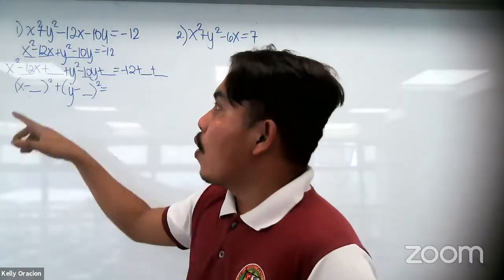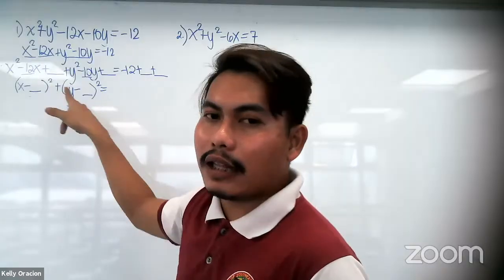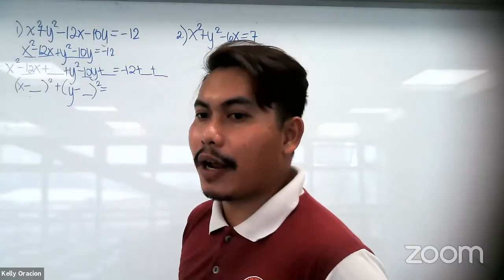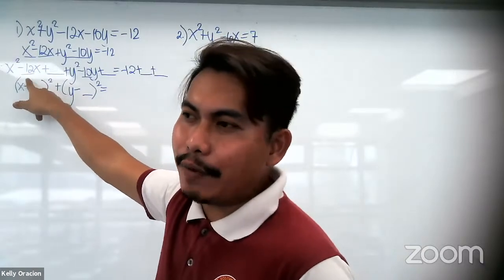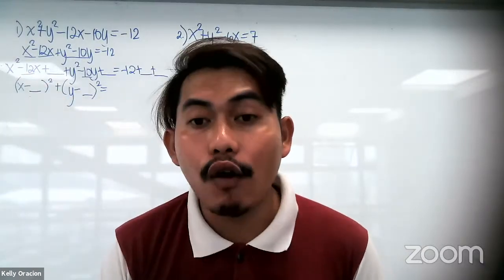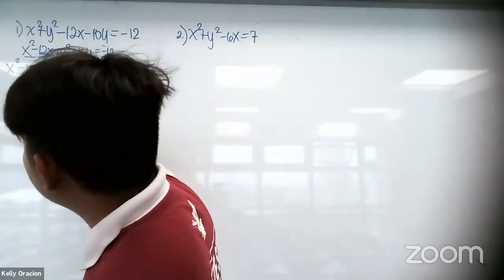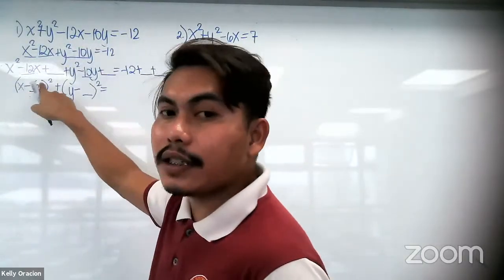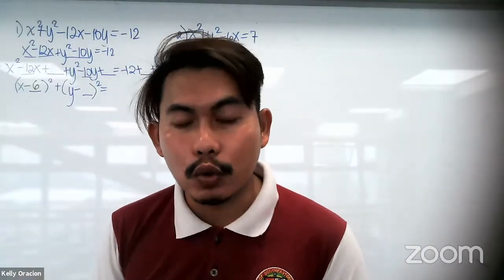So, para ma-fill in natin itong mga blank, okay? So observe the process. What's the half of 12? So our linear term here is 12. What's the half of 12? It's 6. 6 squared. 6 squared means 6 times 6, not 6 times 2.